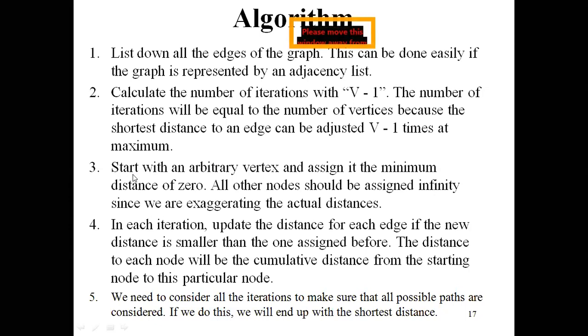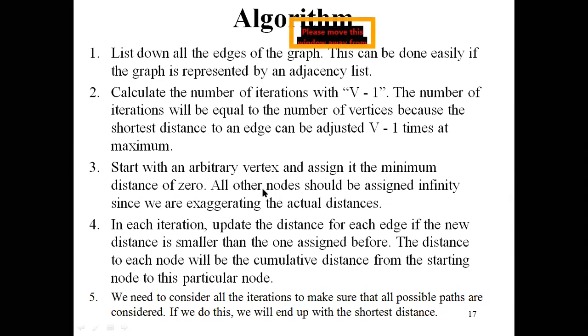Now the third step, start with an arbitrary vertex. Take some arbitrary vertex and assign it the minimum distance of 0. For this vertex, you can assign 0, since that is the source vertex. The distance from source vertex to source vertex is 0, same vertex. All other nodes should be assigned infinity, since we are exaggerating the actual distances.